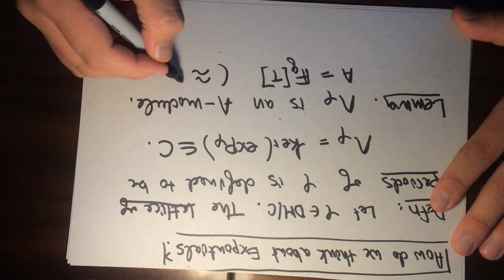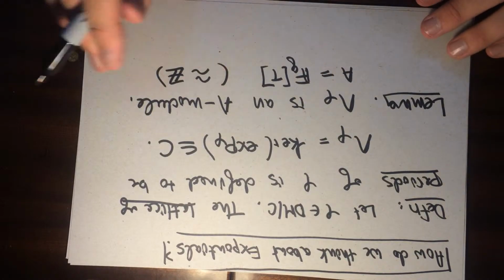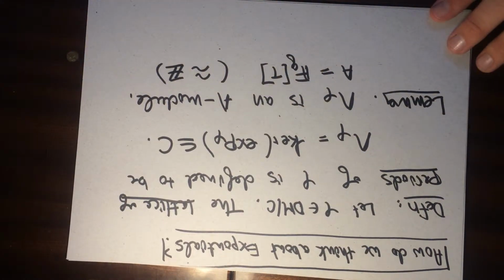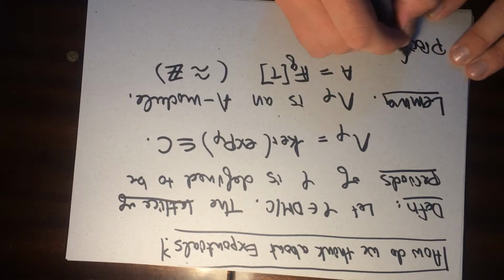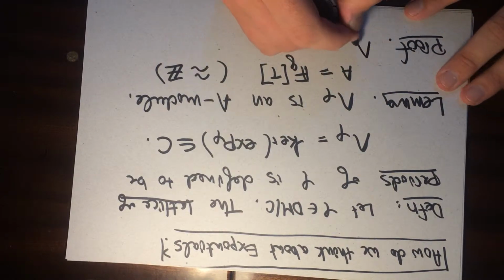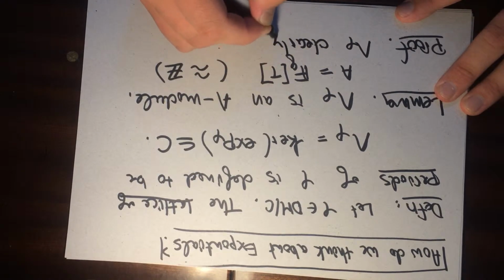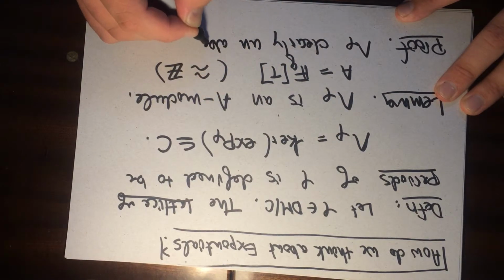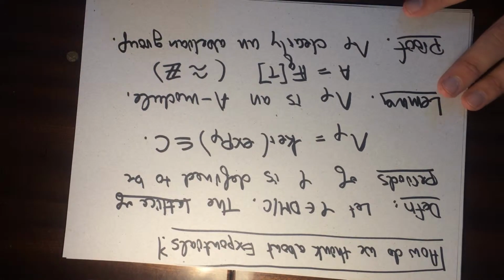This plays the role of the integers in the rigid analytic setting. This is a characteristic p rigid analytic setting. And so let's do the proof real quick. Okay, so this thing here is clearly an abelian group. Okay, so that's free. And we need to show that it's a module now.